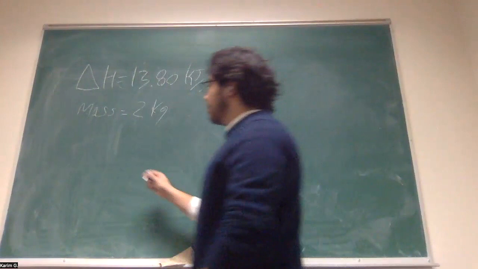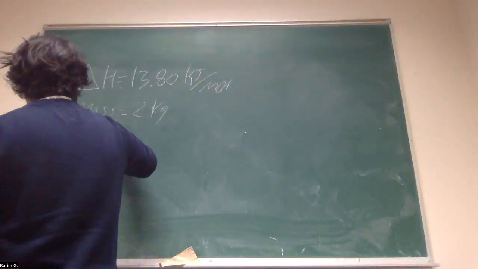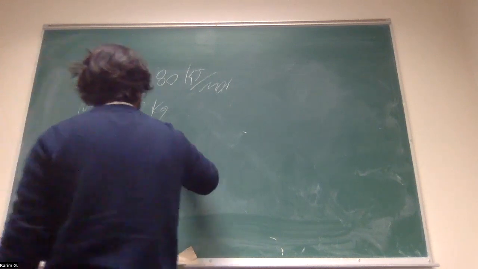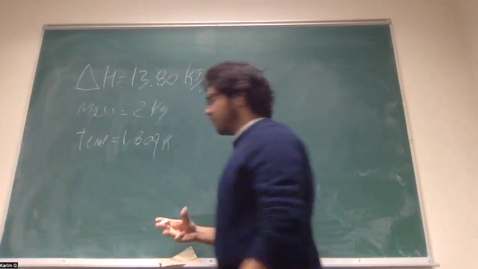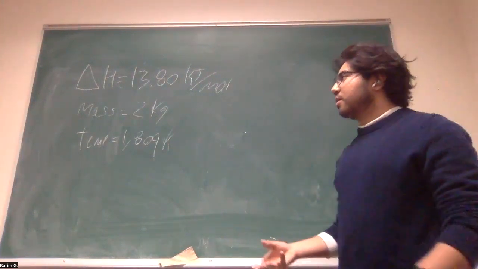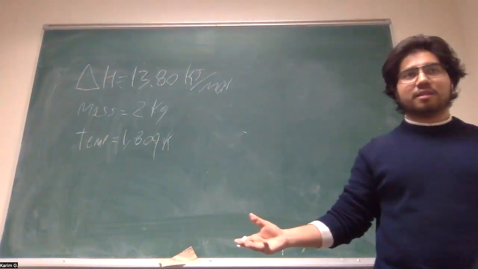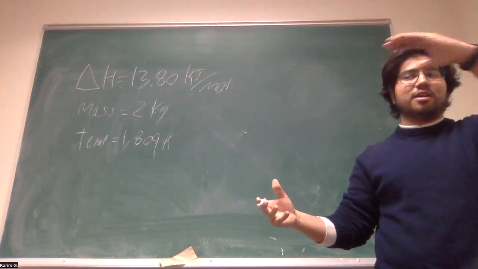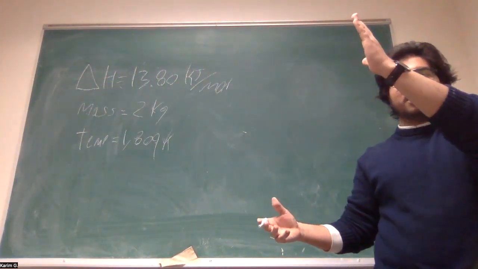We're given a temp of 1809 Kelvin. Okay. So then, do you guys remember heating curves? Where it goes like this, solid, and then solid to liquid, and then liquid.